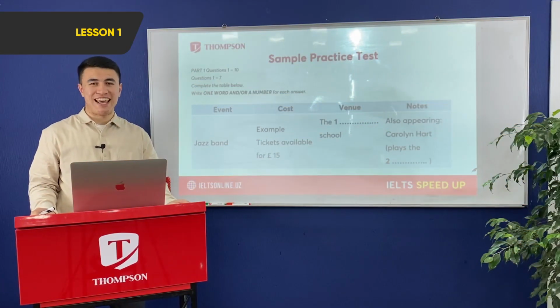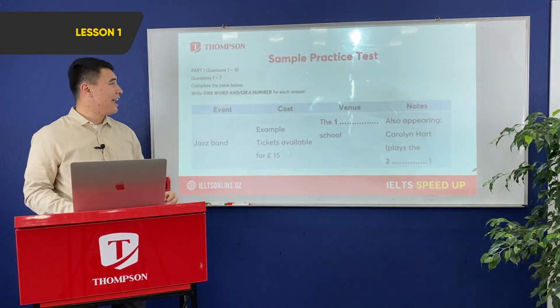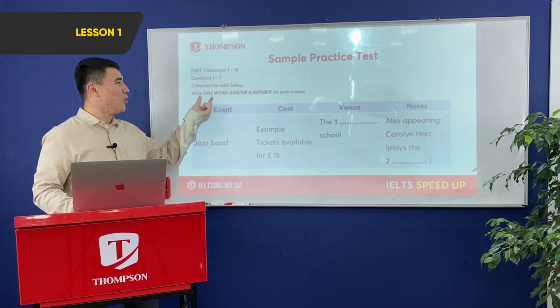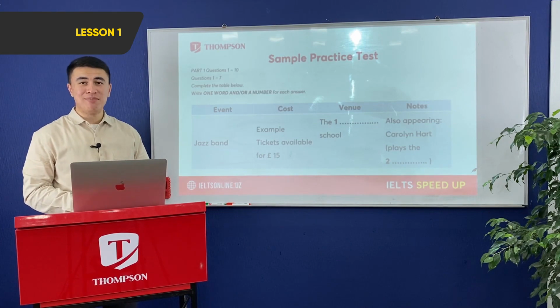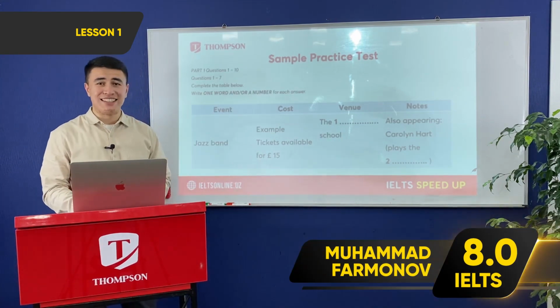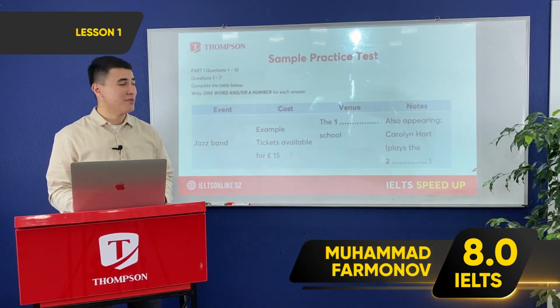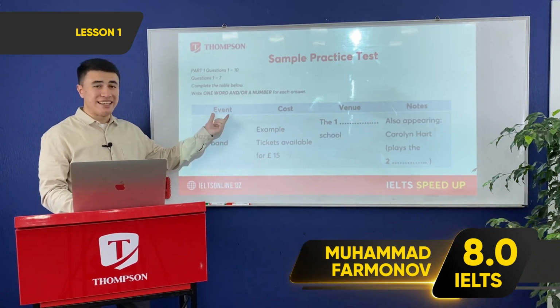Let's move to the next question type. This is table completion. And as you can see, we have the same instructions. So one word and or a number. What is good about table is that you can look through the title and clearly know what is expected from you. In the first column, you should write the name of the event.